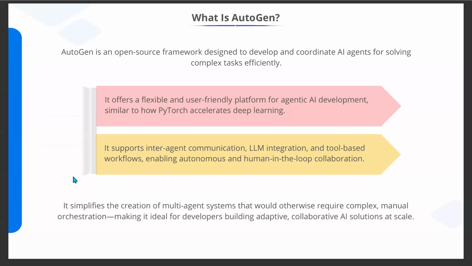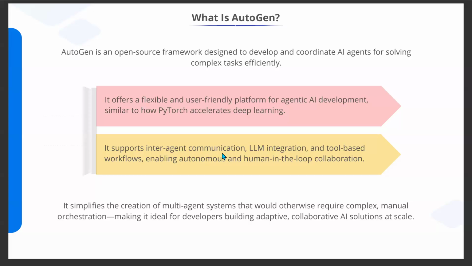AutoGen is helping us build a very flexible multi-agent framework. We define multiple agents. One agent will communicate the user query to another agent, and another agent performs some reasoning and generates the response, and the response is handed over to the user.